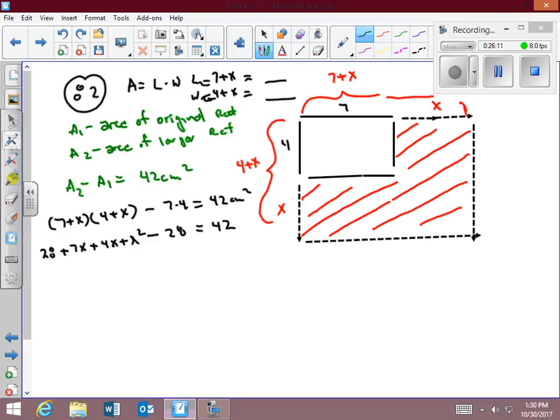Now I want to get 0 by itself on one side. I want to get this written in descending order, leading term positive. So I'm going to take everything left, right? Because my leading term is x squared on the left-hand side. My linear term is 7x plus 4x, which is 11x. The 28s on the left-hand side cancel out, right? And that means the minus 42 comes over, and then I have 0.